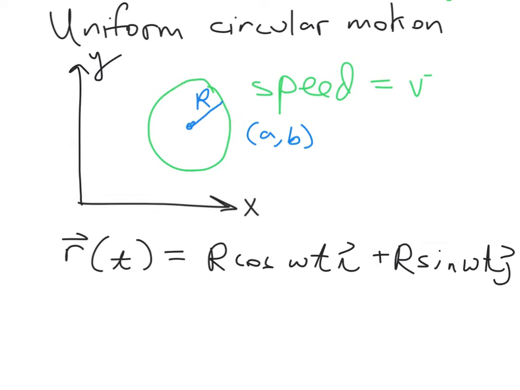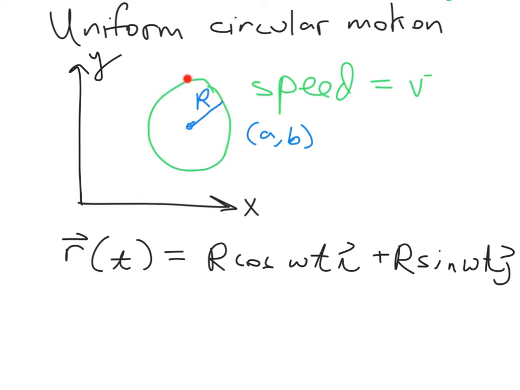Specifically, to understand omega, imagine if we start at this point at t equals 0. After how much time will we return to this point? Well, we'll return to this point when omega t is 2 pi, because we want cosine of 0 to equal cosine of 2 pi. When is omega t 2 pi? When t is 2 pi over omega.